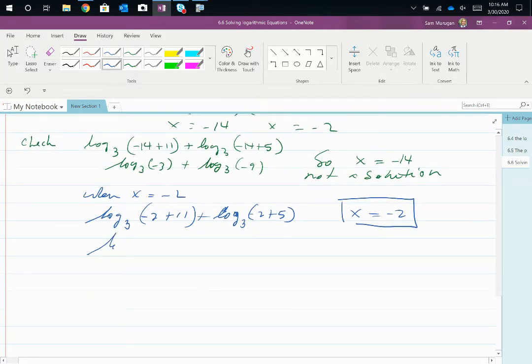That will be log base 3 of 9 and log base 3 of 3. So both cases would result in us taking the logarithm of a positive number. So x is equal to negative 2 is a good answer to this.